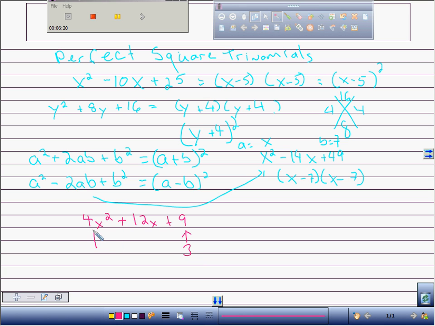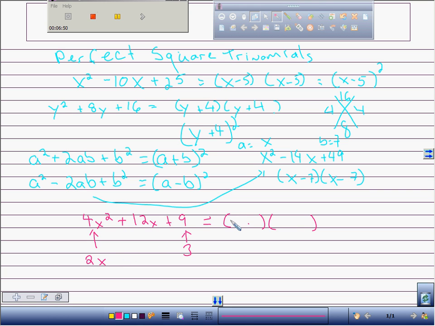What do I square to get 4x squared? 2x. What's 2x times 3 times 2? 12x, right? So this times 2 gives you the middle, then what would be the factors of this thing?